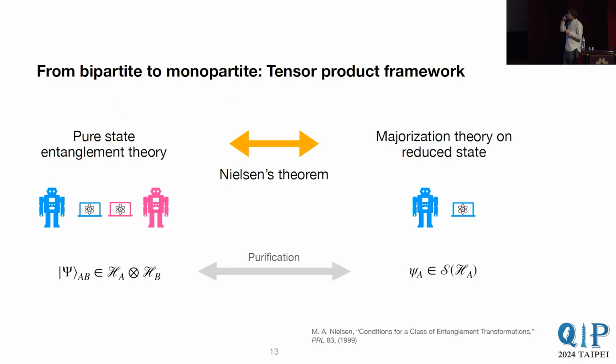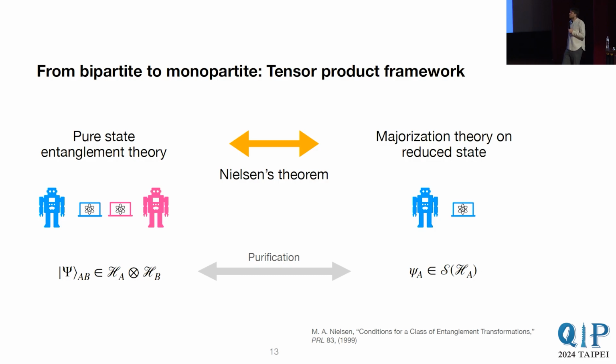Now, if you remember, in pure state entanglement theory what we usually do is go from entangled pure states to just the reduced states. We can do so because Nielsen told us that entanglement theory on pure states basically reduces to majorization theory on the reduced states. We would like to have something similar for embezzlement, and we will use something similar later on.